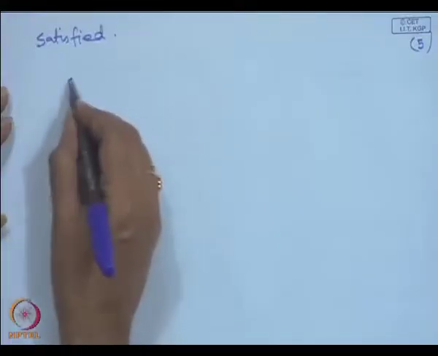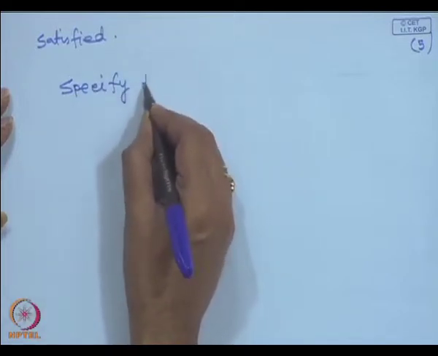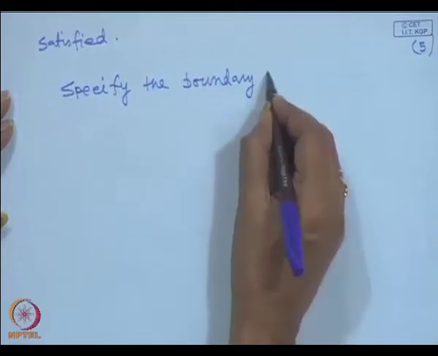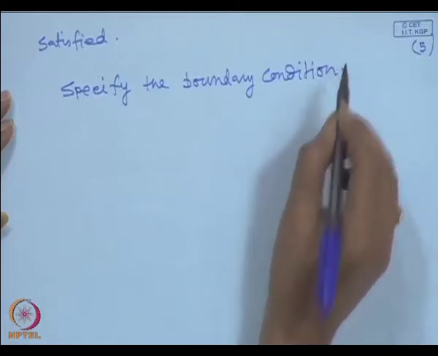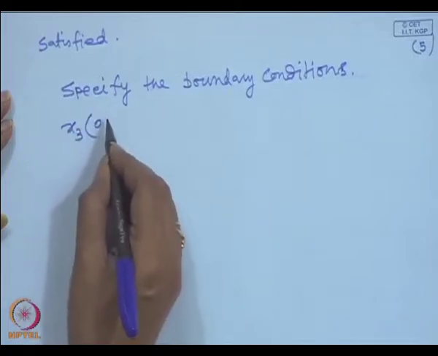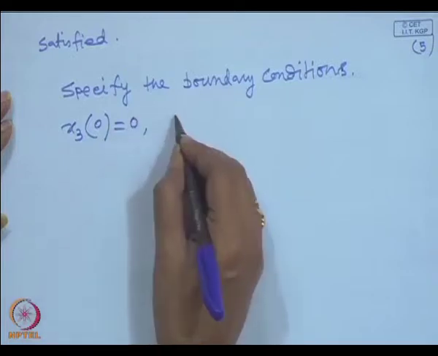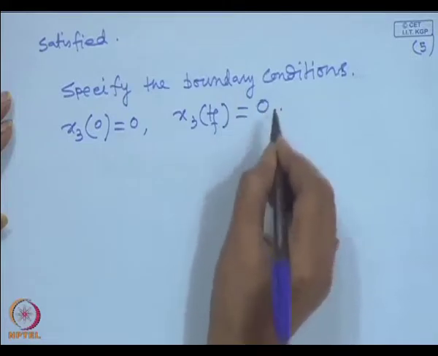So, now we specify our boundary conditions. What are the boundary conditions? x 3 of t 0 is 0 and x 3 of t f, which you do not know, is equal to 0.